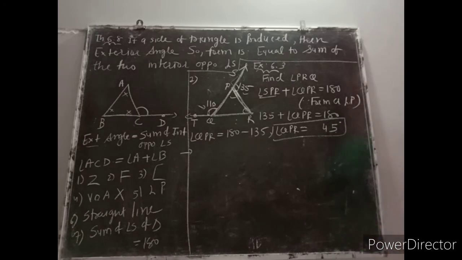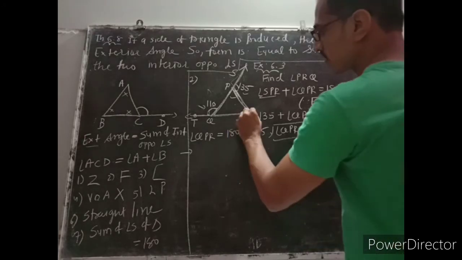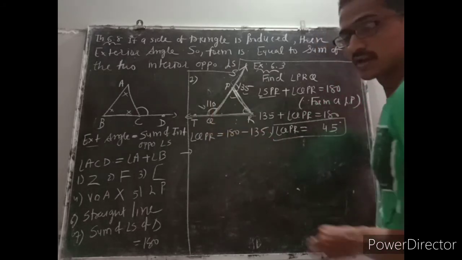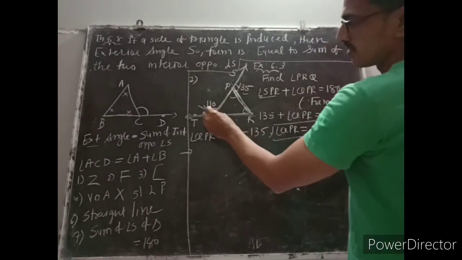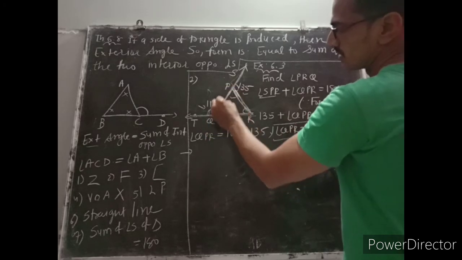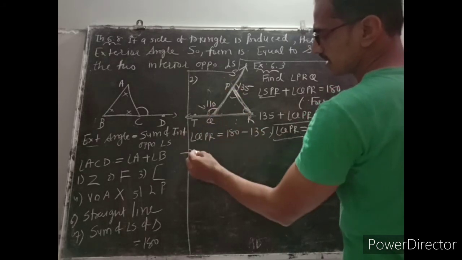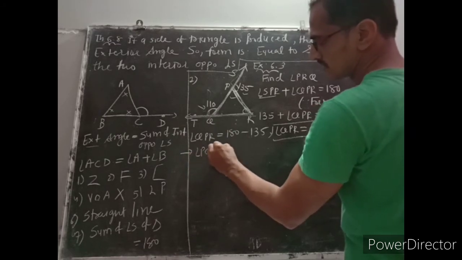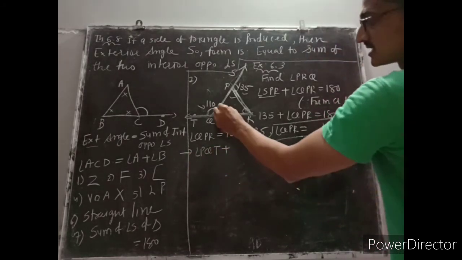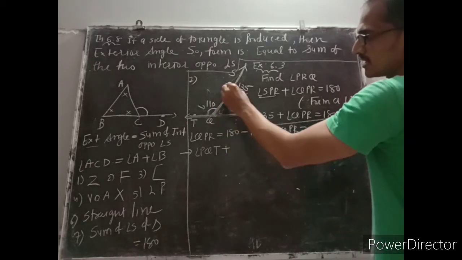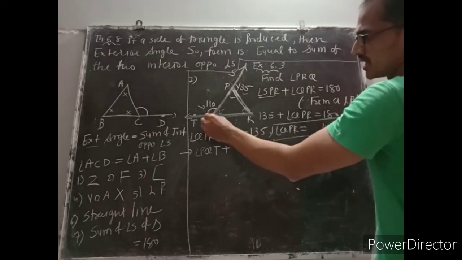Same way I will apply the logic of linear pair on this straight line. If I consider this straight line, then these two angles are formed, sum of these two angles 180 degree. So the name of this angle formed at Q, but it is the exterior angle, so this is the angle PQT plus another angle, this one again at Q, but it is the inner one, interior angle, so PQR.